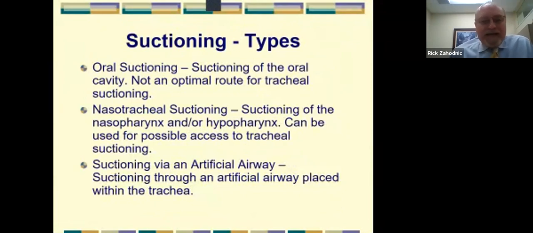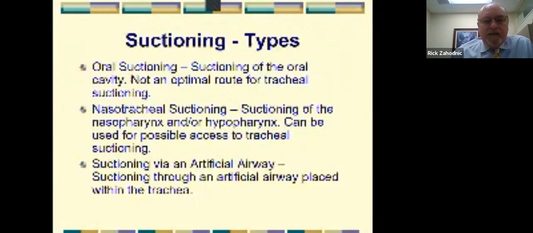It's not going to be an optimal route for reaching down into the trachea. Nasotracheal suctioning, where we're going through the nasopharynx and then into the hypopharynx, there is the possibility of being able to access the trachea. It's not a guarantee. If you truly want to be able to suction out the trachea and the airways further down, you need to have an artificial airway placed.